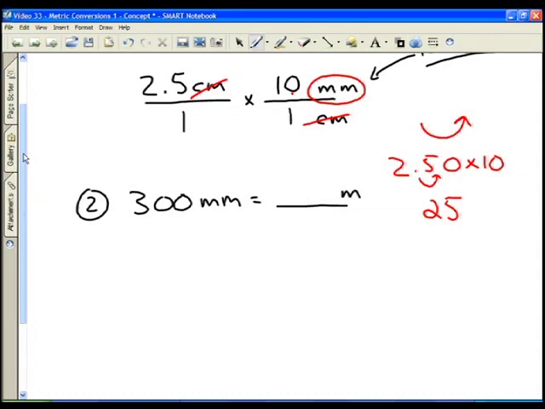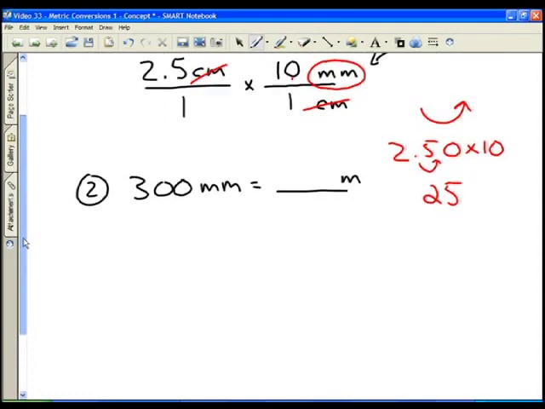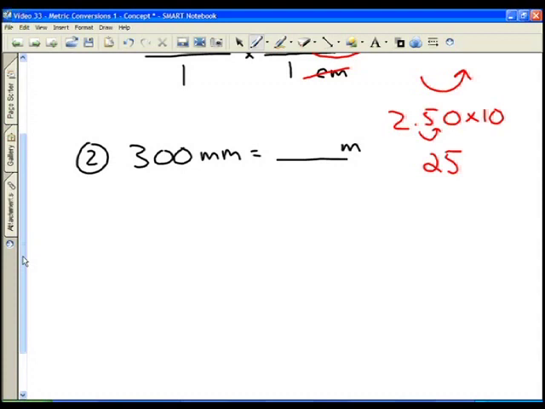Well, now we're going to use this whole concept of factor label, and that was introduced in the imperial conversion videos as well. So we have 300 millimeters, and we want to convert it into meters. So using factor label, we have 300 millimeters, and that's what we're starting with. And now we need to get to meters.